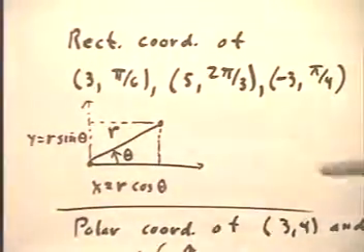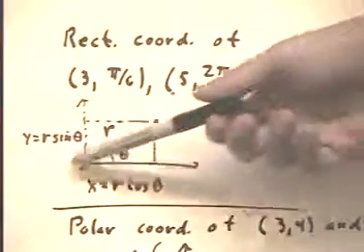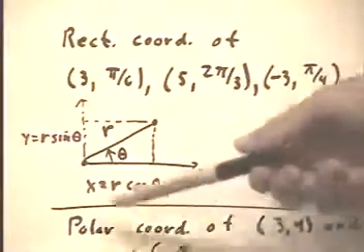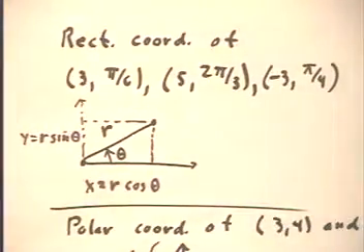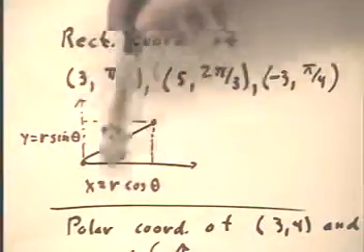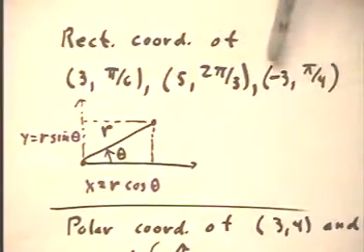And of course we generalize this way. If we're at displacement r and angle theta, then x equals r cosine theta and y equals r sine theta. So you could just plug 5 in for r and 2 pi over 3 for theta and get the x and y coordinates of 5, 2 pi over 3. Negative 3, pi over 4 works just the same.